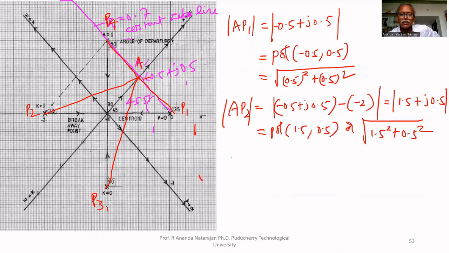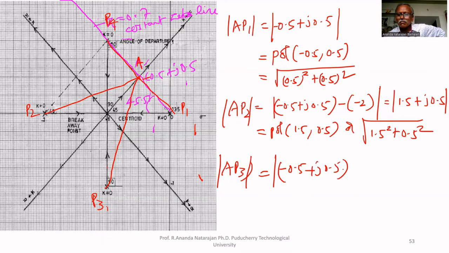What is AP3? AP3 equals modulus of 0.5 plus j 0.5 minus P3. What are the poles? Minus 1 plus or minus j. That is equal to 0.5 plus 1, therefore it becomes plus 1.5 for the real part.